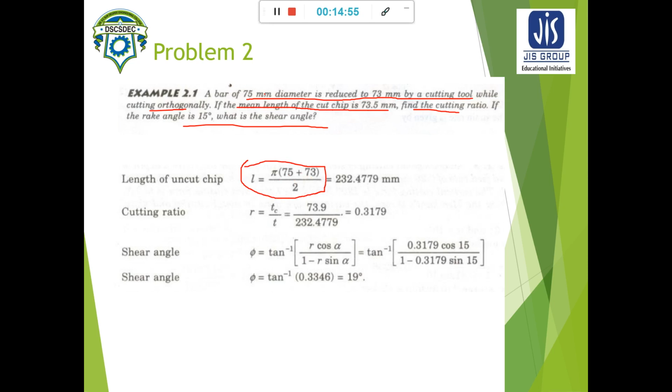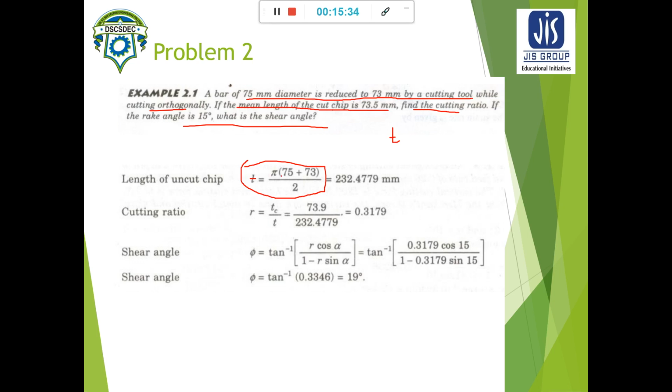this is our initial dia and final dia, divided by 2. This is our length of the uncut chip. So now the cutting ratio will be Tc by T, where T is the uncut chip thickness, which is equal to the depth of cut.